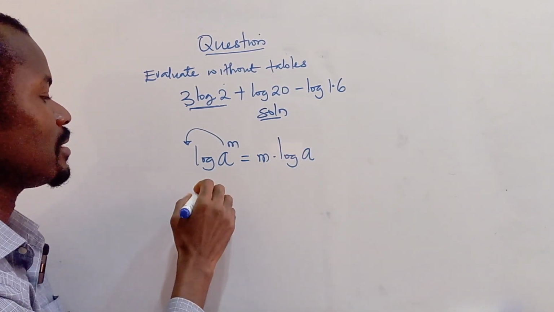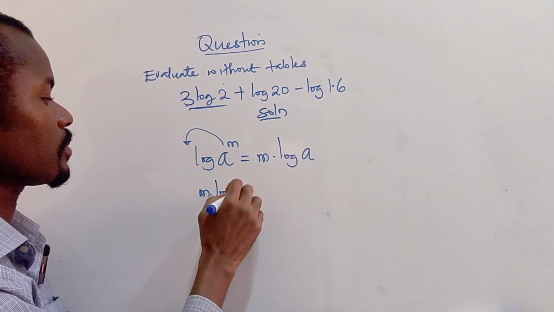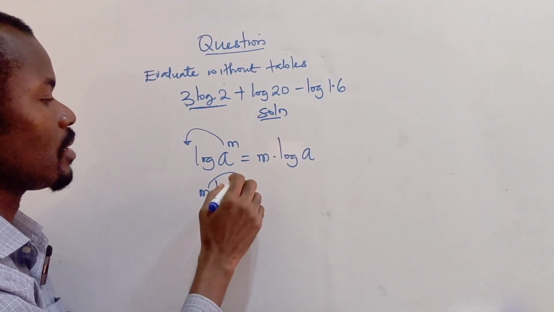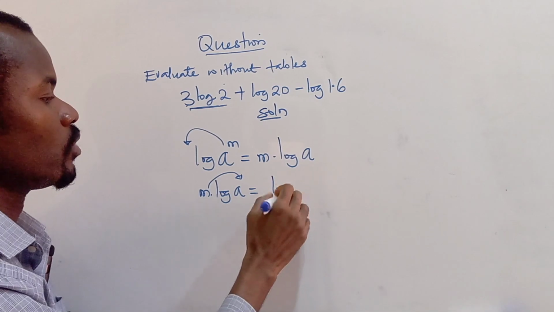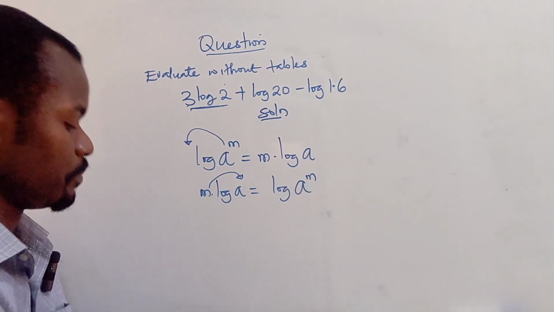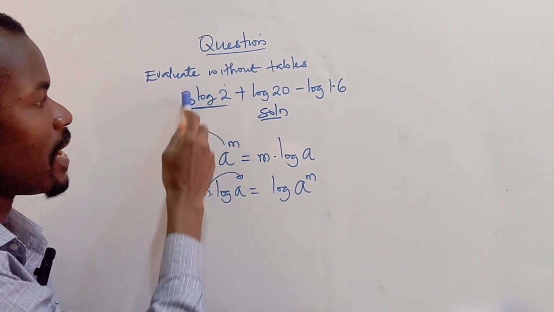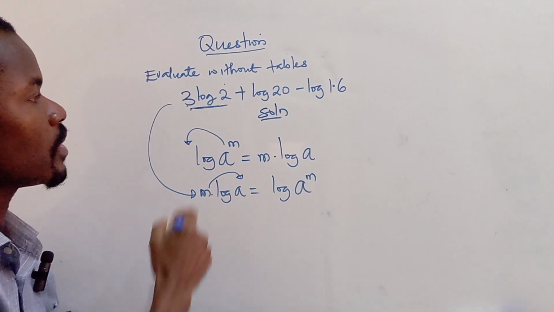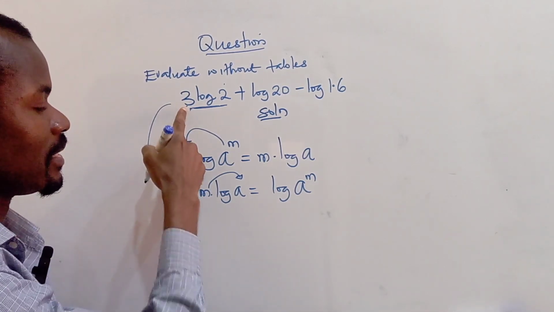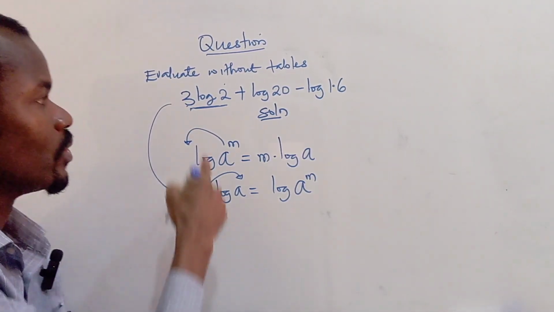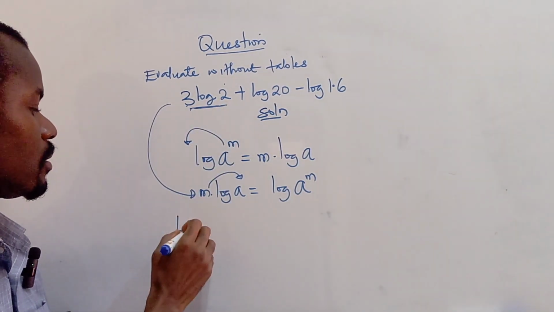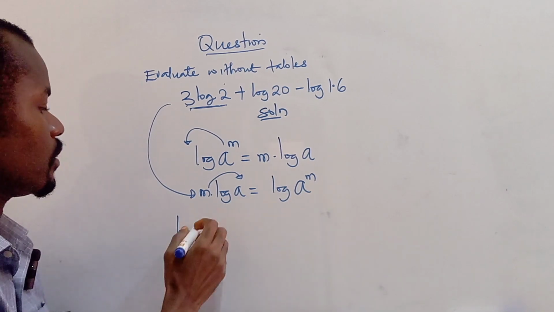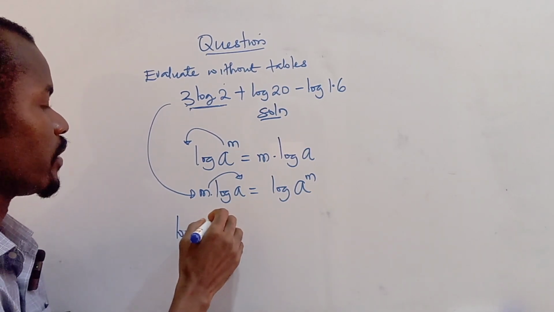And we can also write this n log a as log a raised to power n. So for this part, we want to apply this, where 3 stands in place of n. So we are going to write this as log 2 raised to the power of 3.